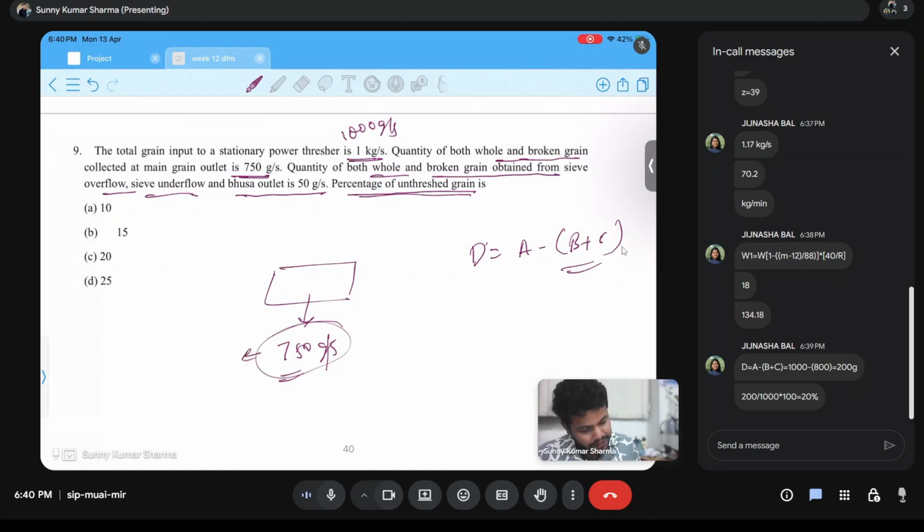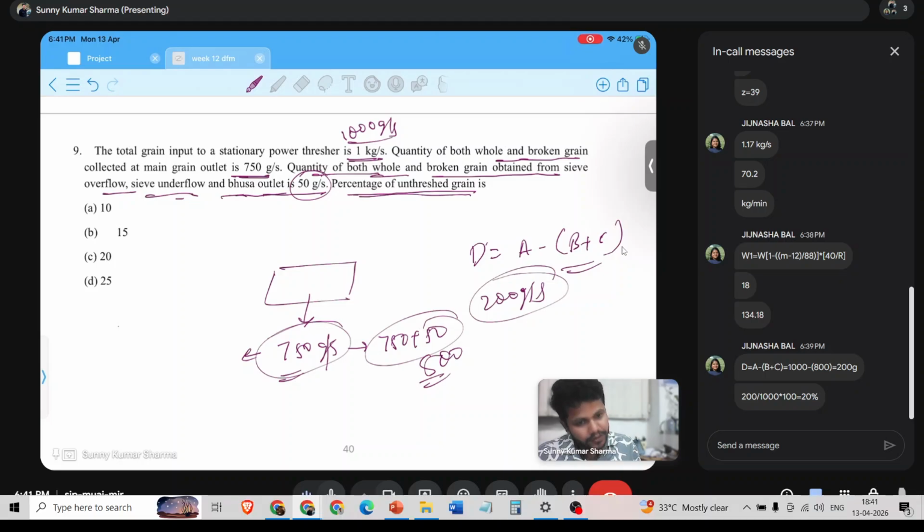And quantity of both whole and broken grain in all other outlet is 50 gram per second. So total threshed is 750 plus 50, that is 800. So unthreshed grain will be 200 grams per second, and total grain input is 1000 gram per second.